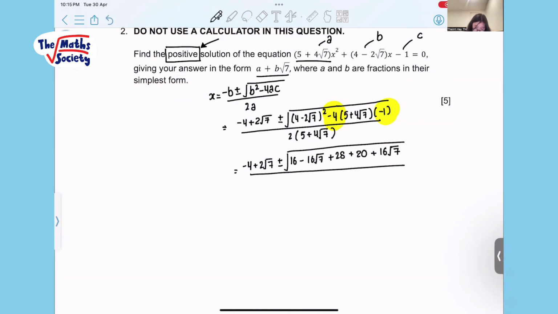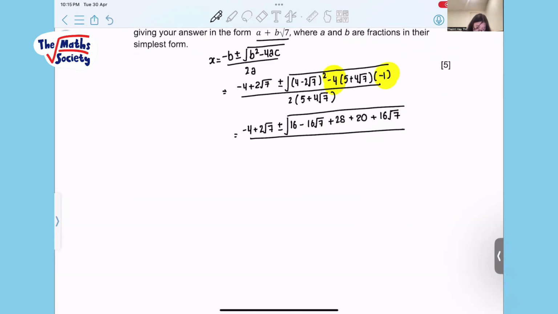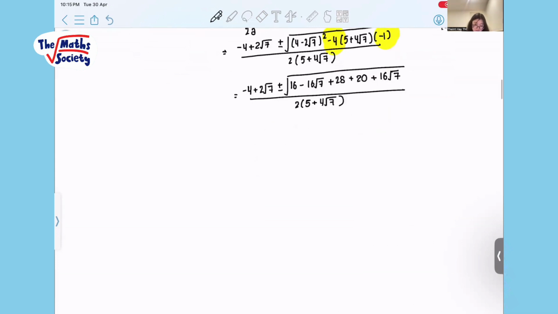And then you divide it by 2 times 5, 10. And then you have 5 plus 4 root 7. It's probably better to keep it that way for a while because we still need to solve it after.